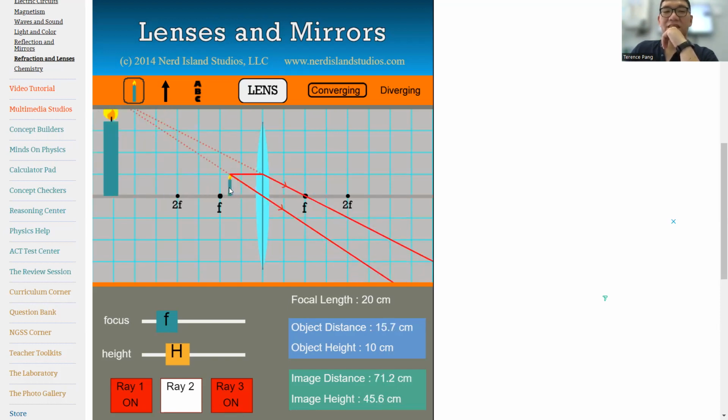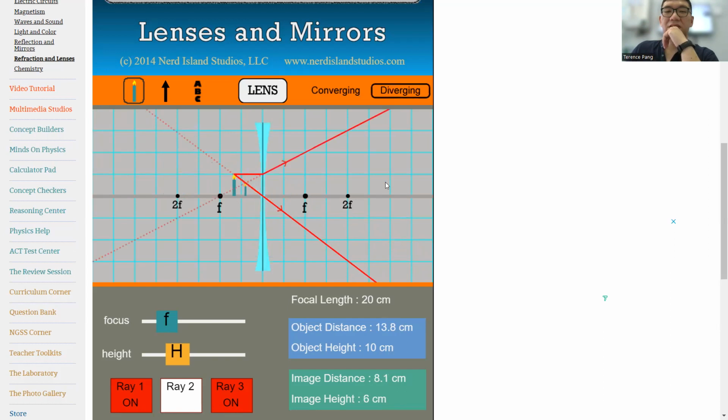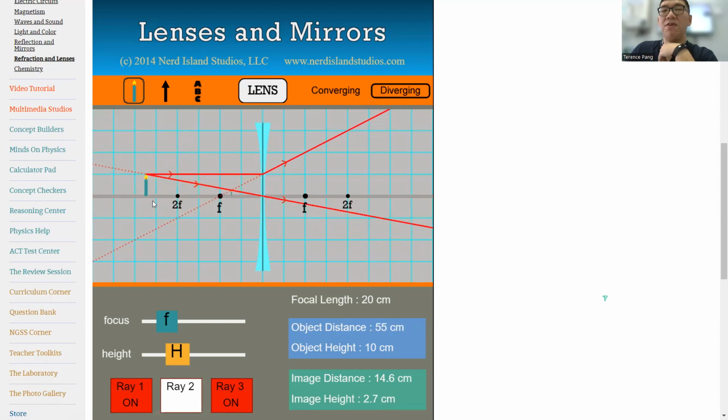Another nice thing about this app is that you can also convert to diverging. Diverging is not commonly seen in your school questions, so we don't really have to talk much about it, but take note that diverging will always form a virtual image at all times. Diverging is also commonly used for spectacles, glasses.